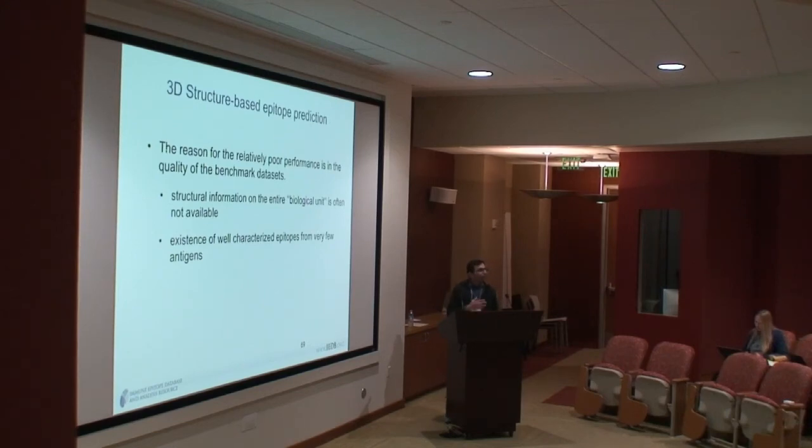And you might not have access to a complete biological unit or quaternary structure of a protein. That's also an issue, and one of you asked about the same question: if you have a protein complex with one or more units, can I predict epitopes for that?